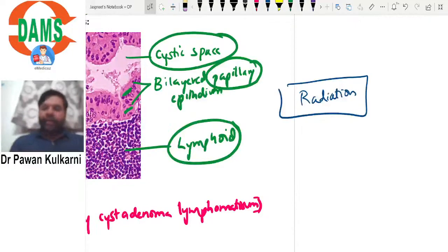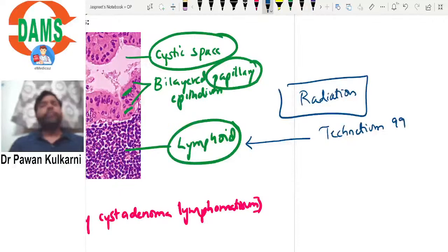One more concept we should know about the lymphoid follicle is that it usually attracts technetium-99, because technetium-99 accumulates at the site of lymphocytes.